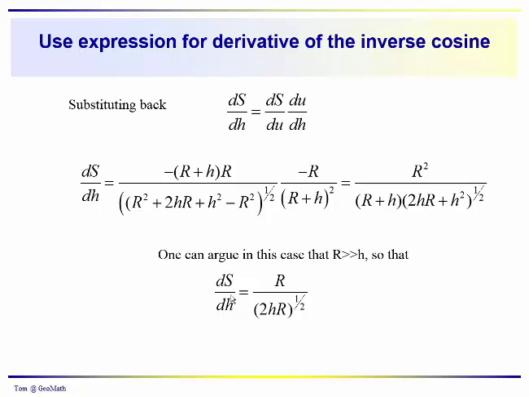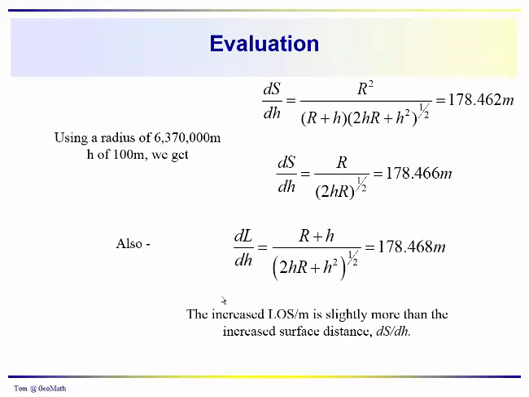So that's our ds/dh, and this is what we were after. We wanted to know how the arc length, how the distance along the surface, changed with a change in elevation. And so evaluating that, using a radius of 6,370,000 meters and a height of 100 meters, we get a ds/dh of 178.462 meters per meter change in h. I should have added that in there.